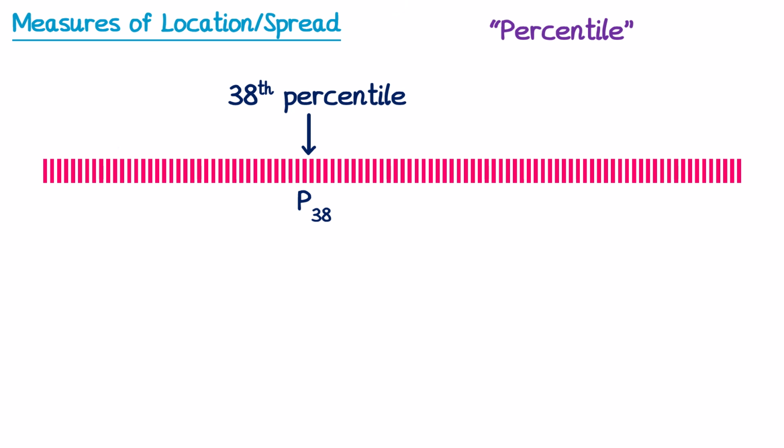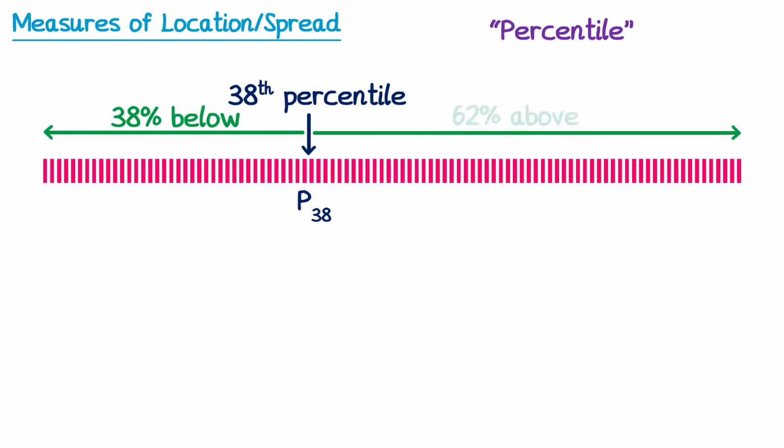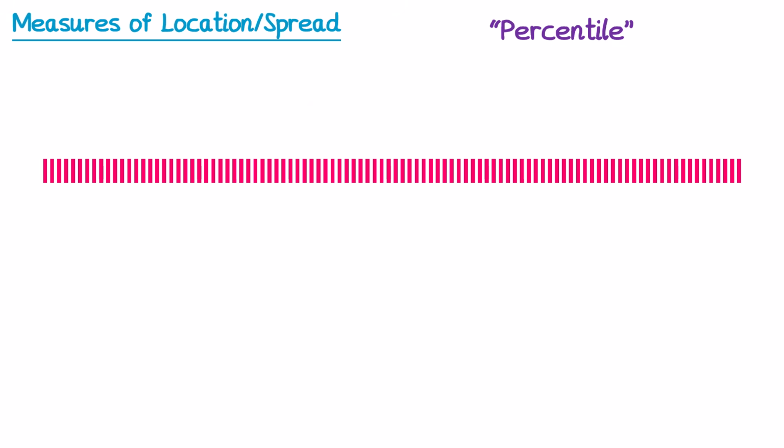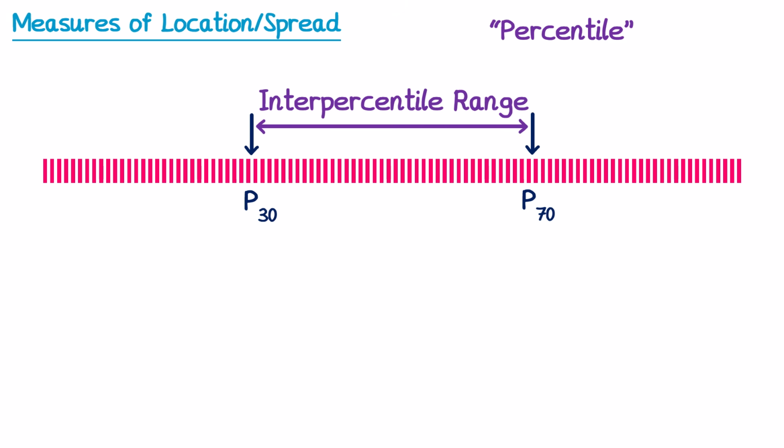If we take a look at the 38th percentile here, we could say that 38% of the data lies below this value, and 62% of the data lies above it. We can also calculate ranges using the percentiles. If we take this percentile here, P30, and this one here, P70, we can work out the range in between them. We call this an interpercentile range rather than an interquartile range.